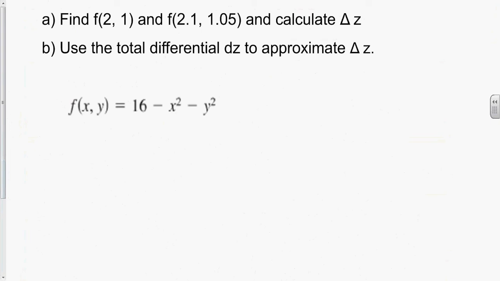I took one point and looked at the value of f of 2 comma 1. And then I looked at, if I moved a little bit from that x from 2, and a little bit from that y, to here 0.05, the change in that.